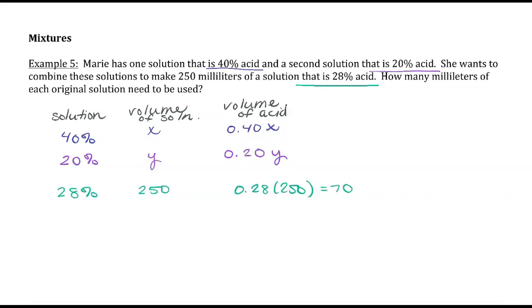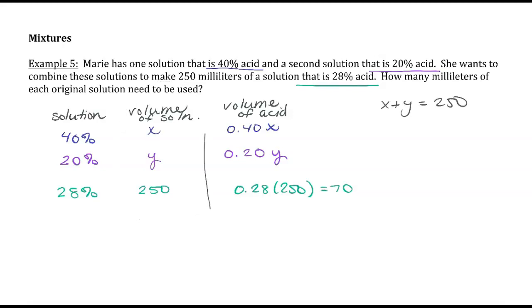Now we have everything we need to set up two equations. First, looking at our second column, we know that however much of the 40% solution we have and however much of the 20% solution we have, they need to add up to 250 milliliters. So our first equation is x plus y equals 250.